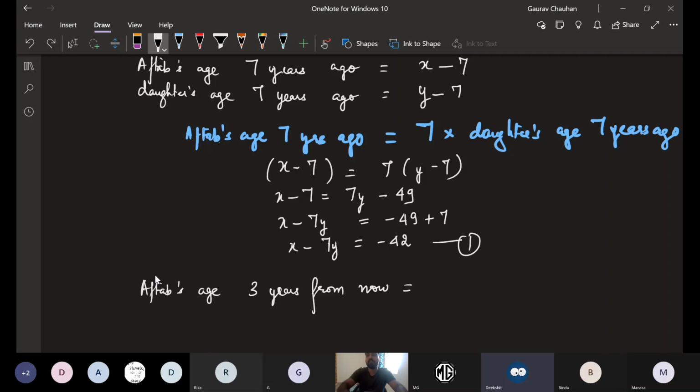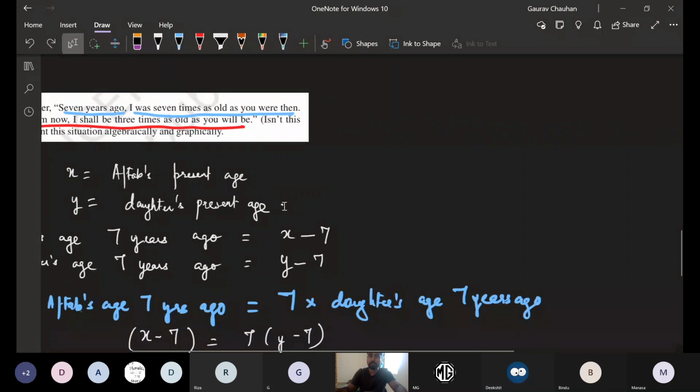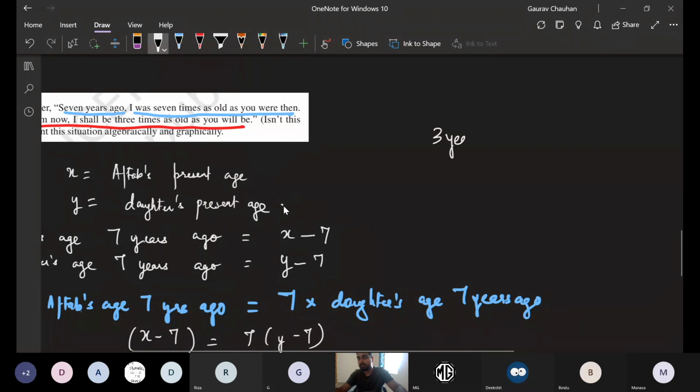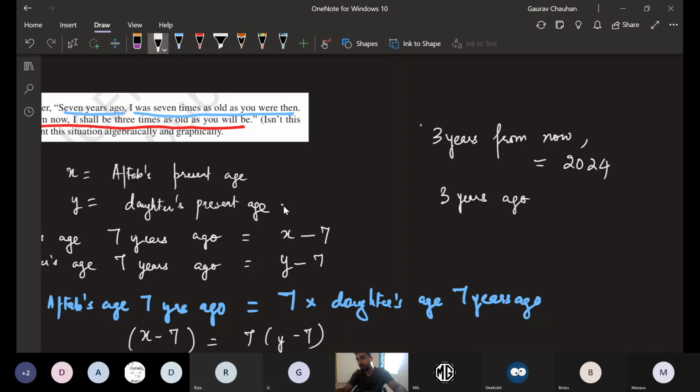From now, if you are not clear, you'll write that in a box. You want it to be very, very clear, okay? 3 years from now is equal to 2024. Writing this will just be enough for you. And 3 years ago is equal to 2018, if now is equal to 2021.